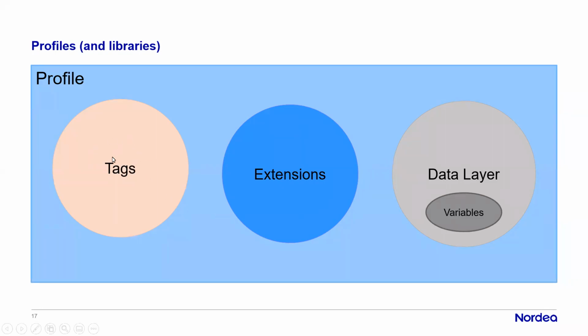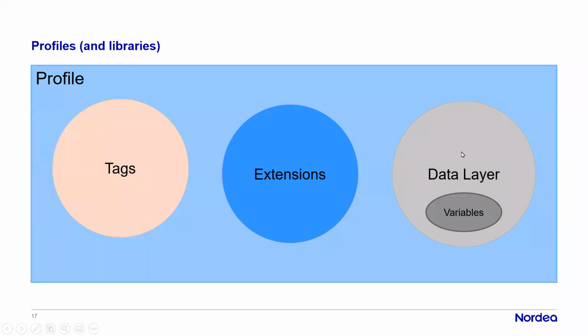tags, so the scripts we would normally put directly on our pages or in our apps. Google Analytics, Adobe Analytics, whatever, tracking pixels for Facebook, whatever. And then we also have these extensions living in the same place.